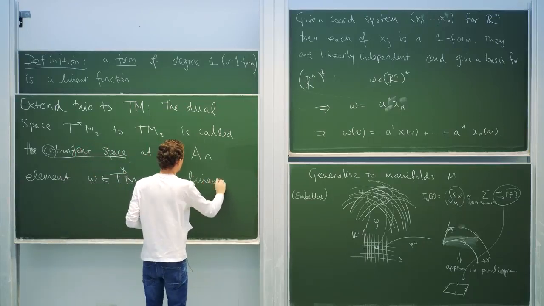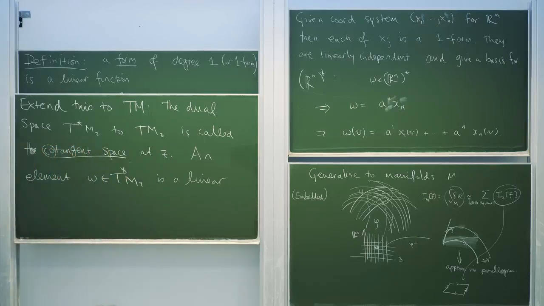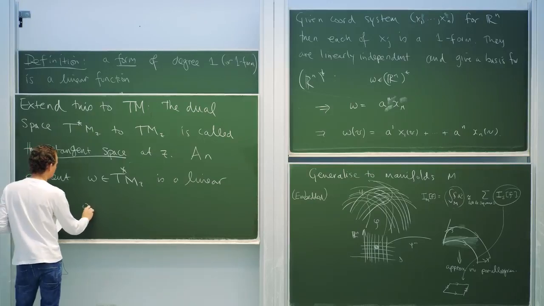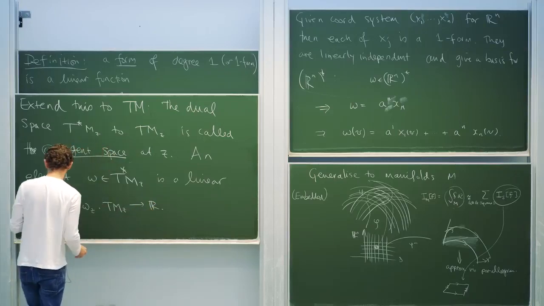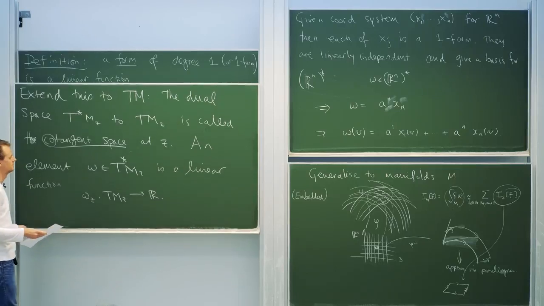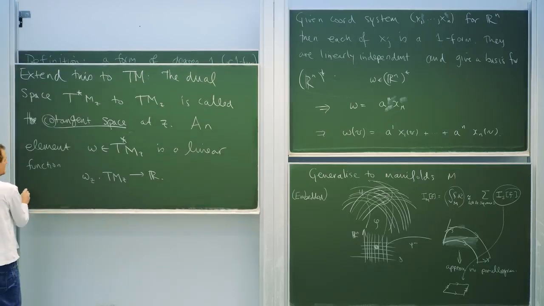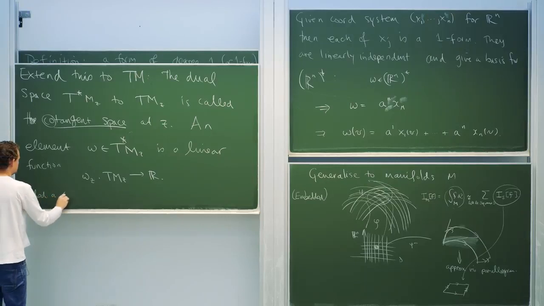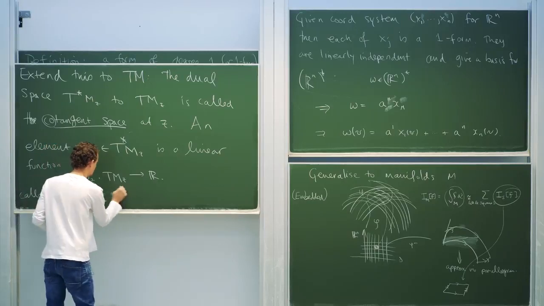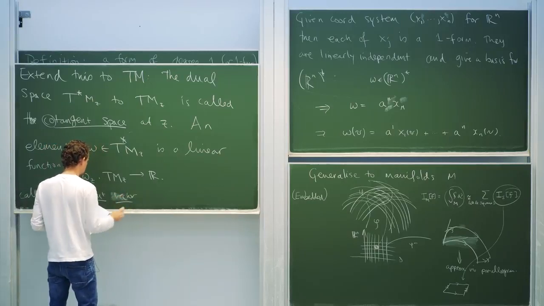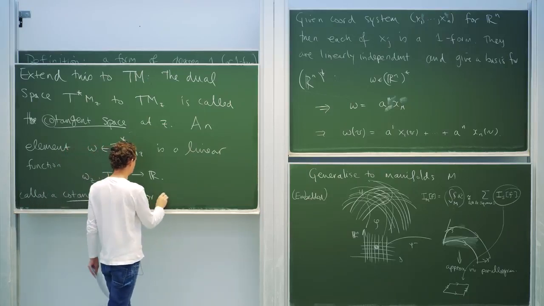And just to state the full consequences of what that means, an element of the cotangent space at Z is a linear function omega at Z from Tm of Z to the real numbers. And we're going to give it a name. Such a thing is called a cotangent vector or dual vector.